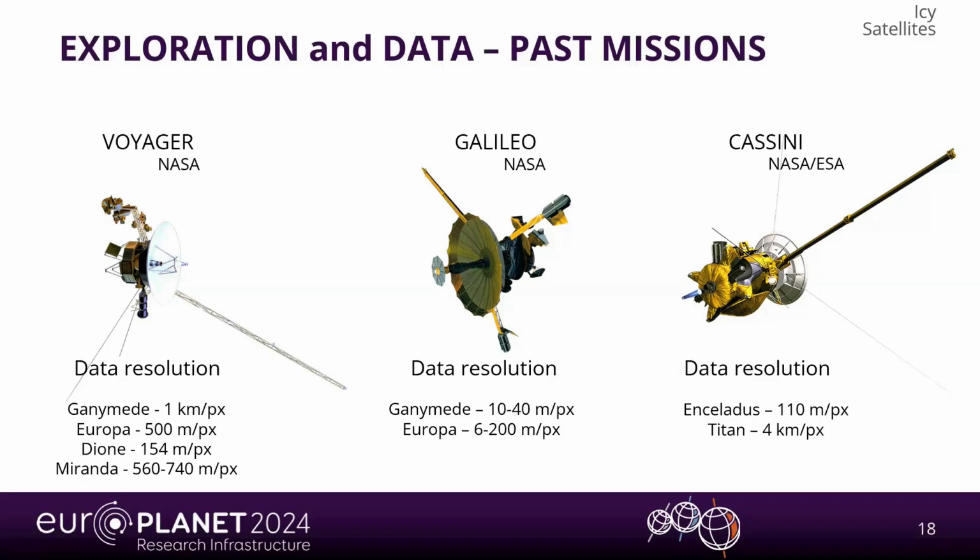While the data from the Galileo mission have higher resolution, reaching local scale areas at less than 10 meters per pixel, so very high resolution. But such data represent images on spot areas, so very few areas on the surface of such satellites.